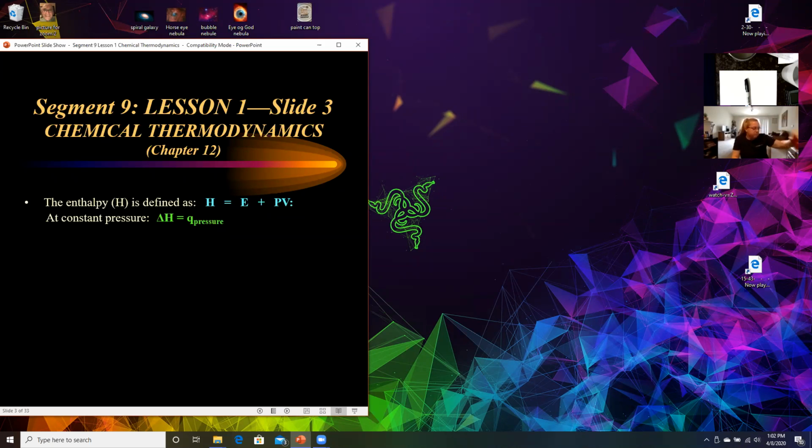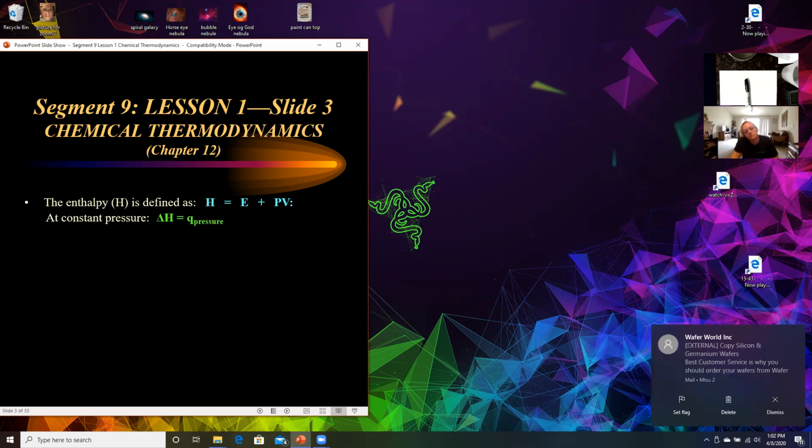It's a great big heavy steel container that we are sure is not going to explode. So that boundary is never going to move. Anything can happen inside it, but the boundary doesn't move. In that particular case, we're measuring the heat flow at constant volume. And we can do that easily with gases.